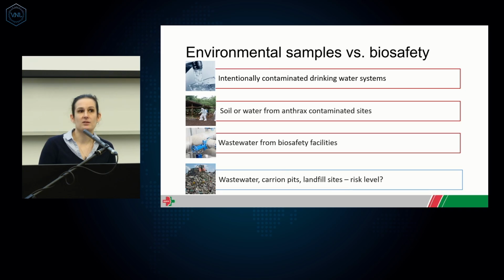Or even wastewater from biosafety facilities can be a sample of high risk level, but with the properties of an environmental sample. And in the fourth blue box, I have collected some samples of, let us say, unknown risk levels. For example, landfill sites can also, not generally, but can pose a high risk level.